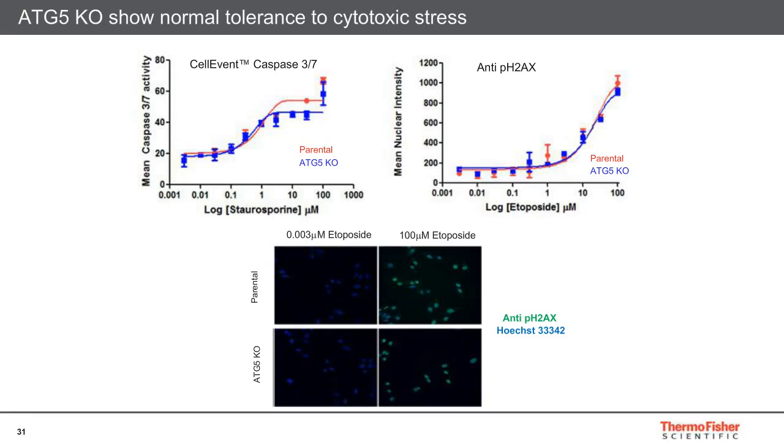This indicates that ATG5 knockout cells just have a defect in autophagosome formation. So this is one of the ways in which you can investigate the phenotypic effect of a gene knockout.